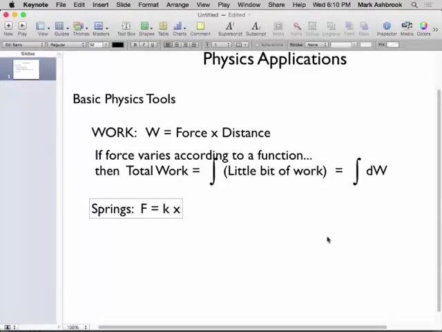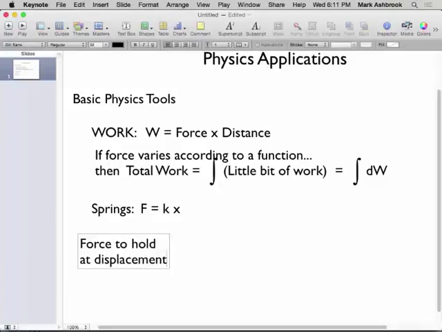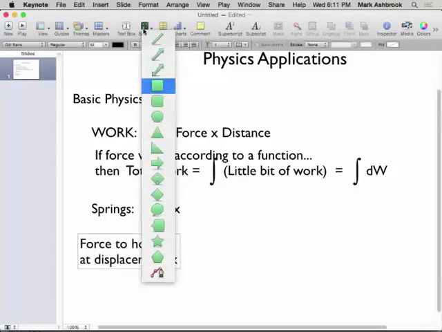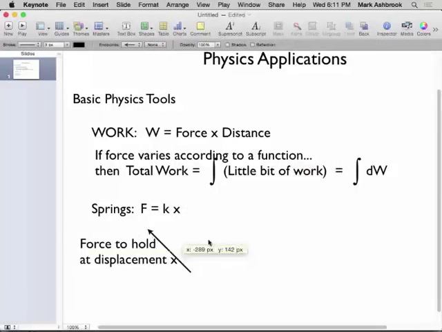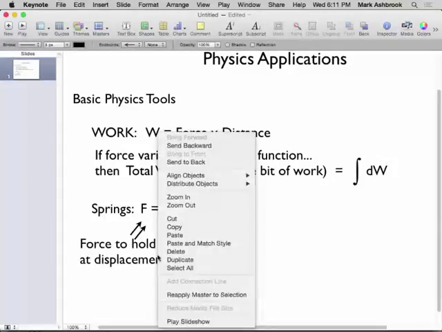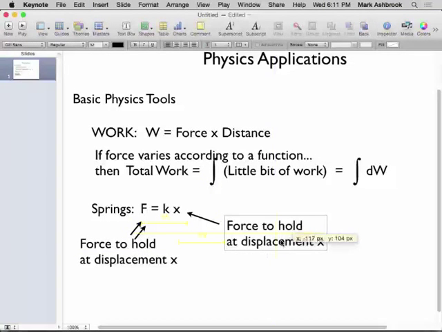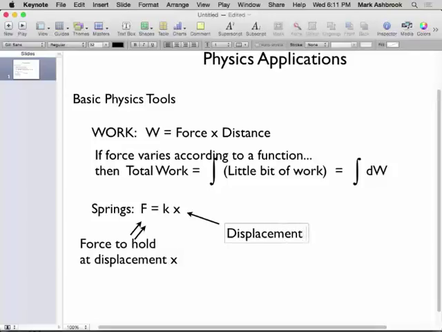So the force to hold at displacement x, that's F. And x is the displacement from its natural length, and k is the spring constant.